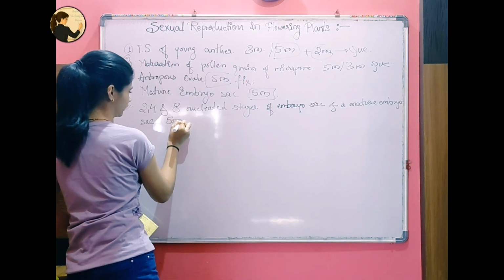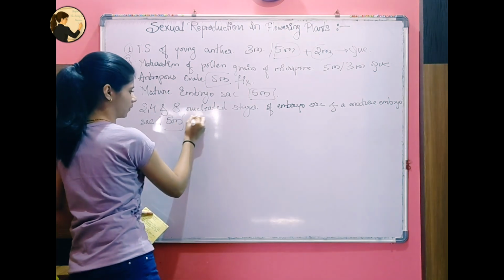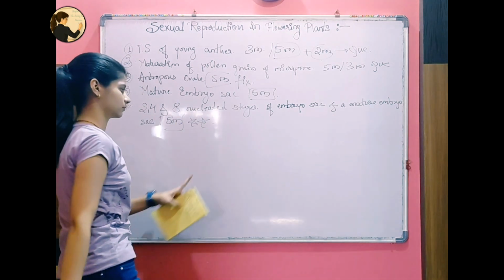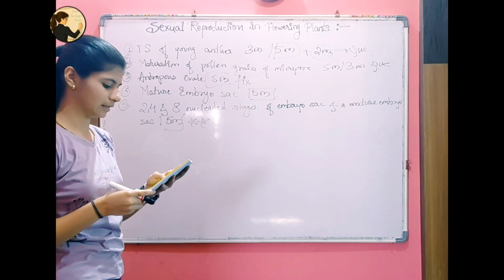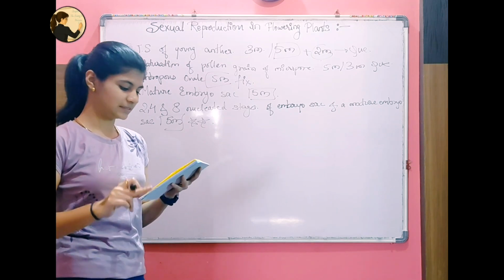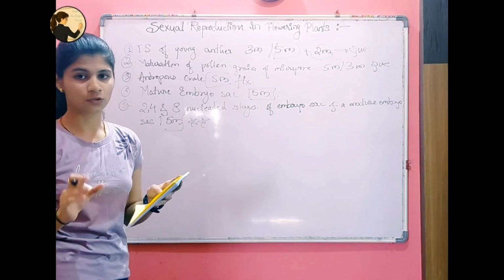This is for 5 marks. Very important question. I have given 2 star marks for this. Okay. Then LS of pistil and pollen tube growth is also for 5 marks.